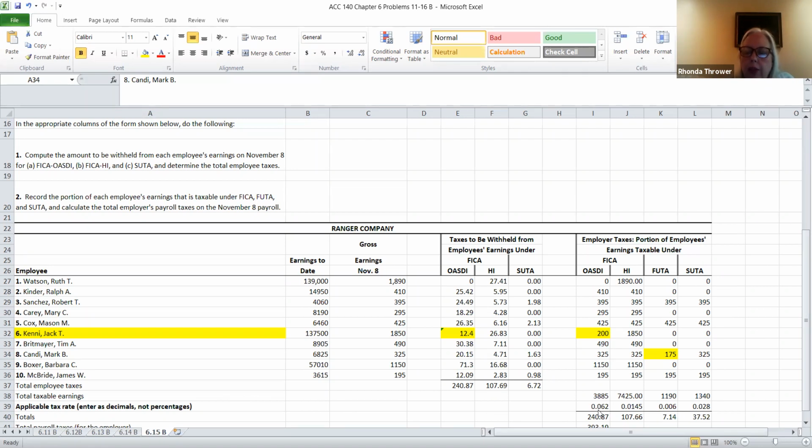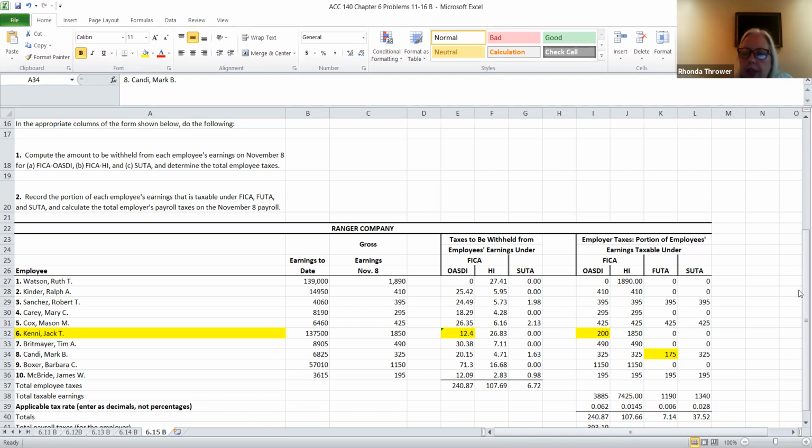We're going to multiply that by the OASDI rate, which is 6.2%, the HI rate, which is 1.45%, the FUTA rate, which is 0.6%, and the SUTA rate of 2.8%. When you multiply that, this is the amount that the employer owes of these taxes.